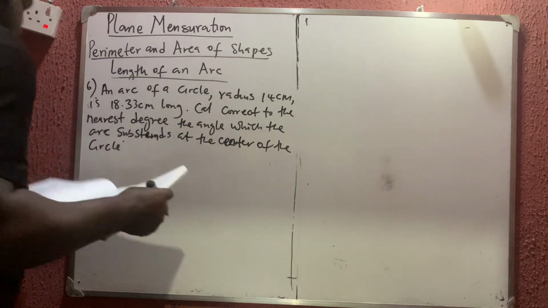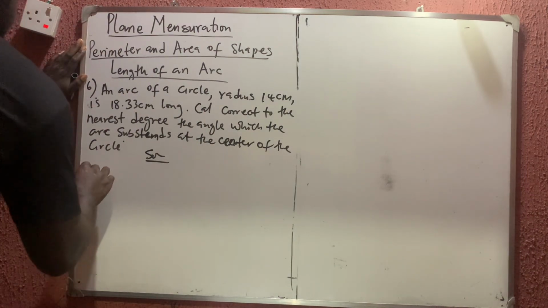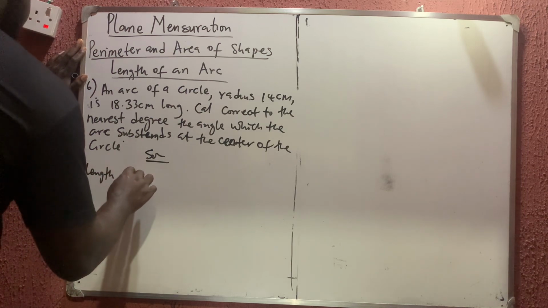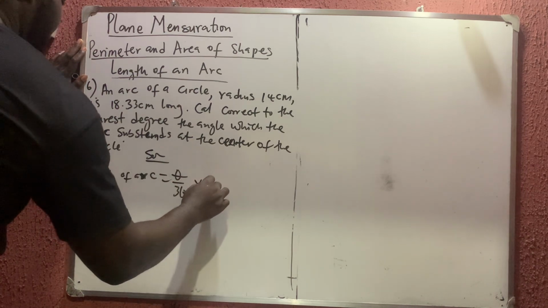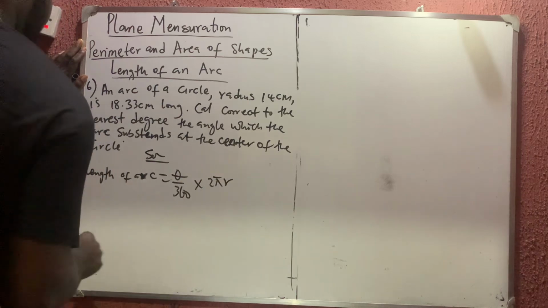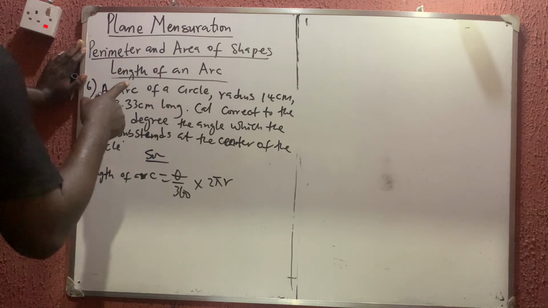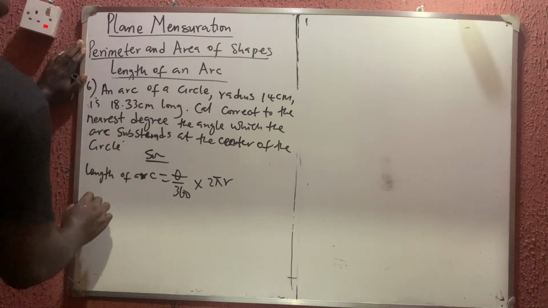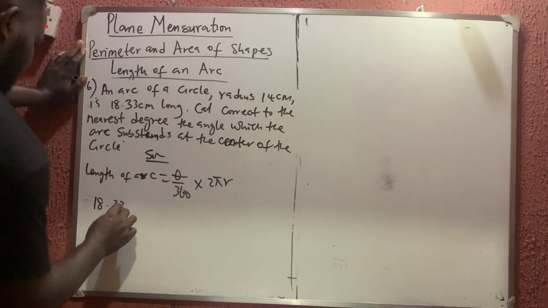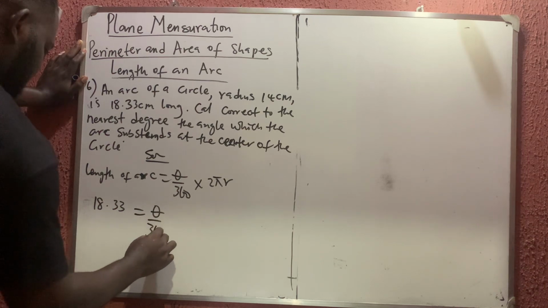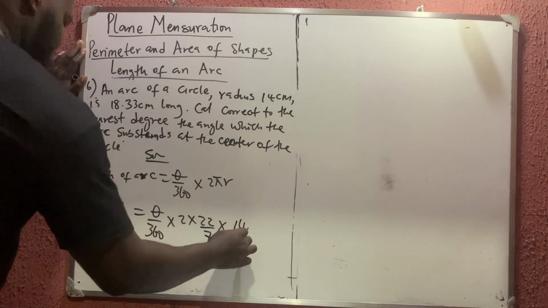Okay, so this is very simple. Solution: we have that the length of an arc is equal to theta over 360 times 2 pi r. The radius is 14, and the arc length is 18.33. So 18.33 is equal to theta over 360 times 2 times 22 over 7 times 14.